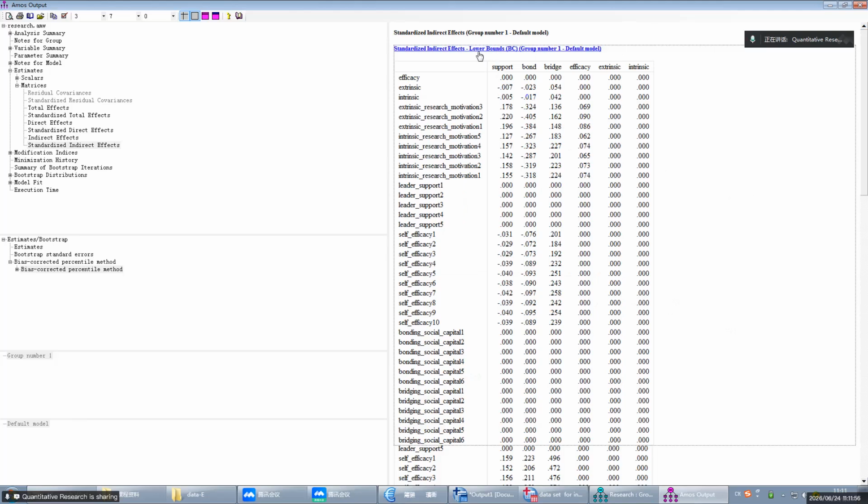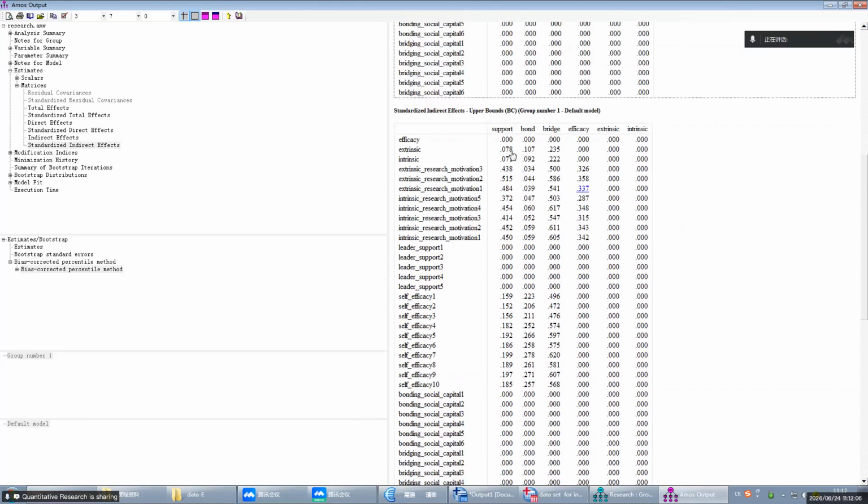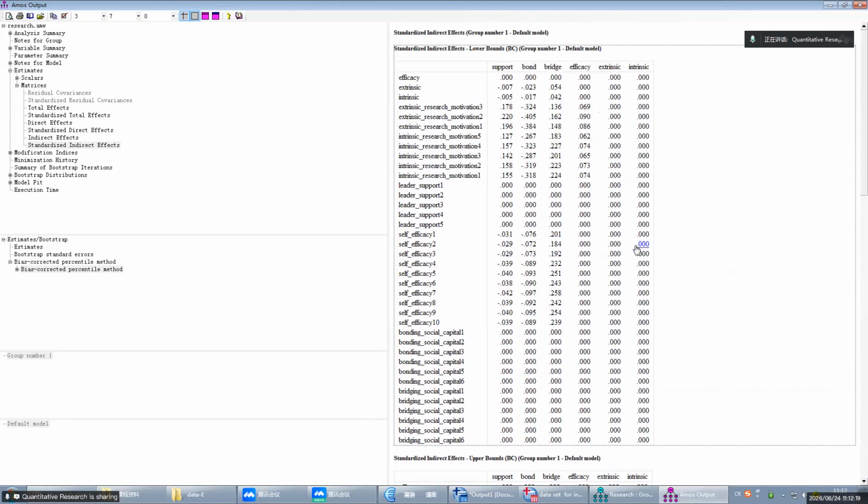This is the lower bounds. Next, this is the upper bounds, right? So we try to find what is the range, what is the 95% confidence interval.